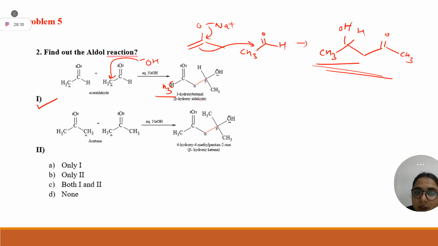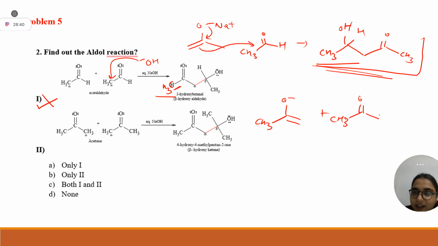So this product is wrong, because as per our mechanism, at the terminal position a methyl is there, but here they have formed aldehyde. Okay, so in option number 2, again let's write the mechanism. First make the enolate. It means students are awake.